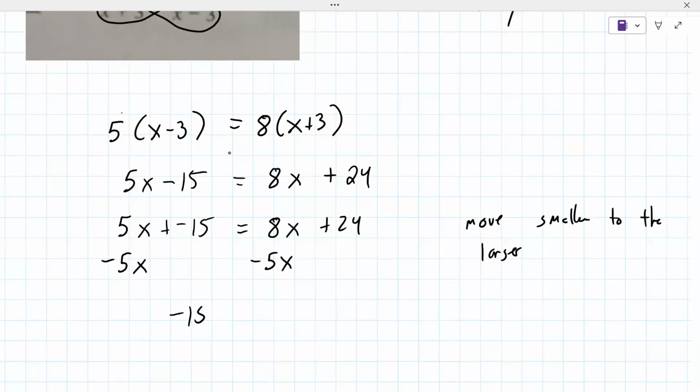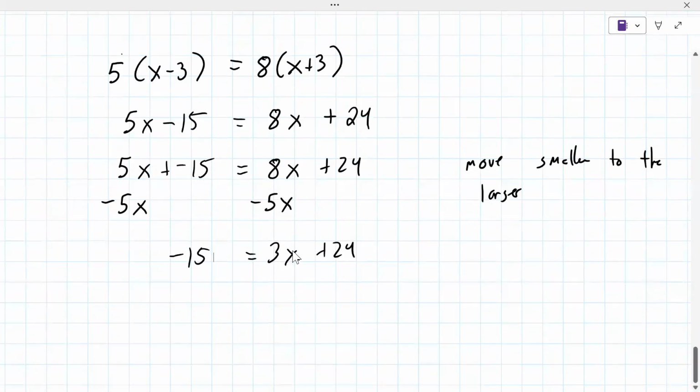Good. And then you solve this the way we solved the previous problems, which is you undo addition and subtraction. So negative 15 next. You undo addition of 24 by subtracting 24. Okay. All right. So negative 15 equals 3x. And then I assume we would divide by the number in front of x. 3.